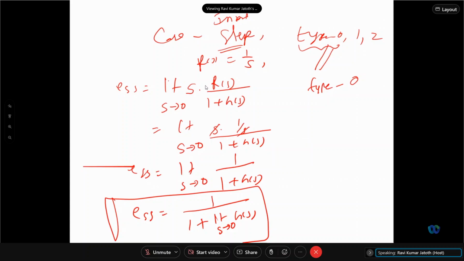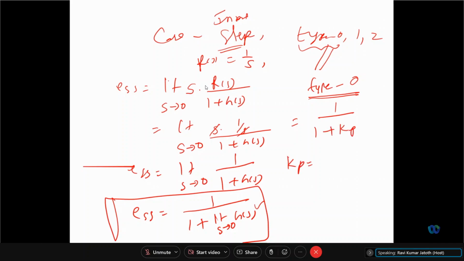So I can write it as 1 by 1 plus Kp, where Kp is the positional error constant, which is limit S tends to 0 G of S. So if G of S is type 0, what is Kp?